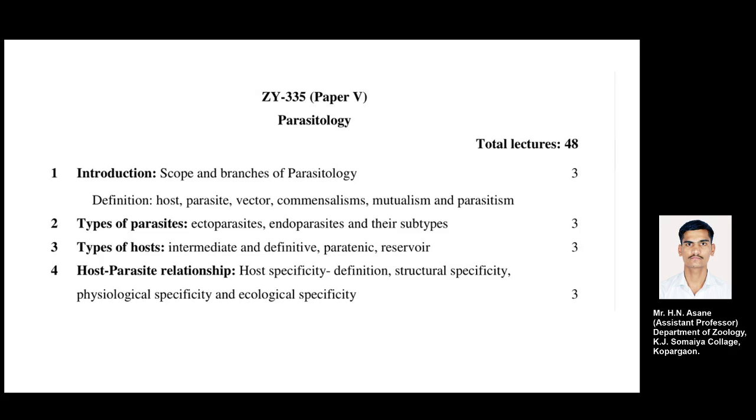Then commensalism. The word commensalism means co, together, as in co-op. There is a concept like the hermit crab, a marine animal, and the hydroids taking shelter on the hermit crab's shell.